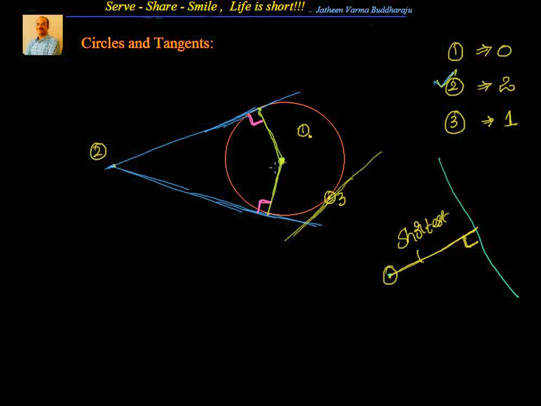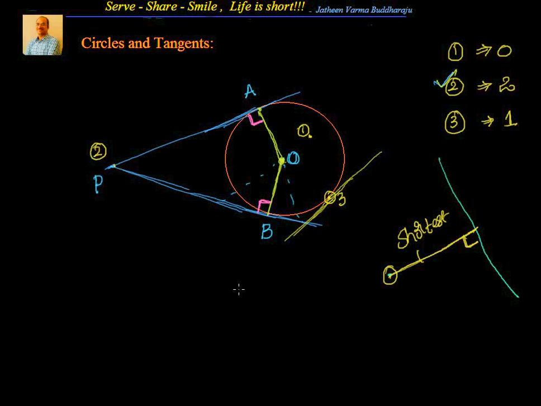Let us say this is B and this is A. You will see that OB is the shortest distance when compared to all the remaining ones, because the remaining all are more than the radius. You are covering more than the radius. So OB is the shortest distance, and we know the shortest distance should be the perpendicular distance. Therefore this angle is 90 degrees always.